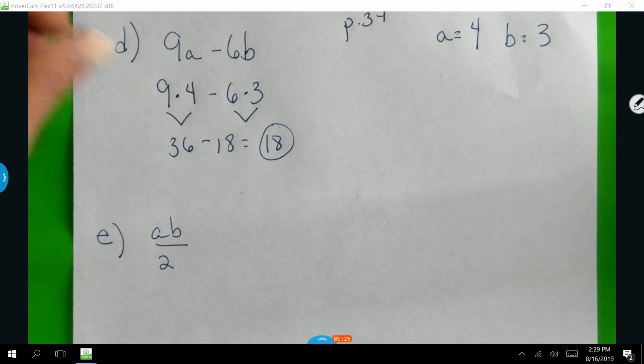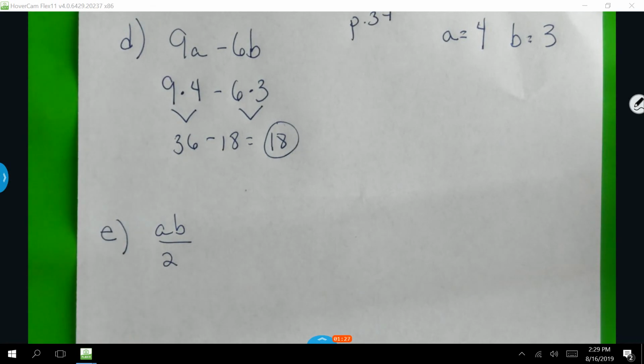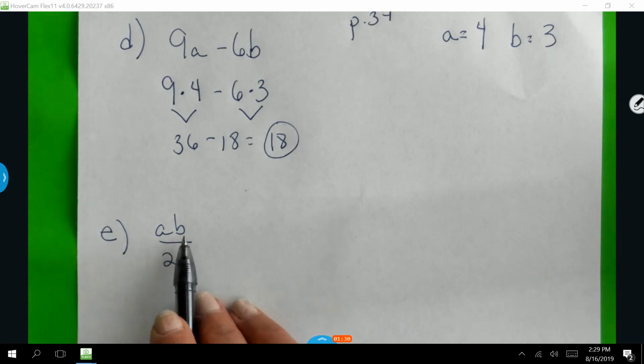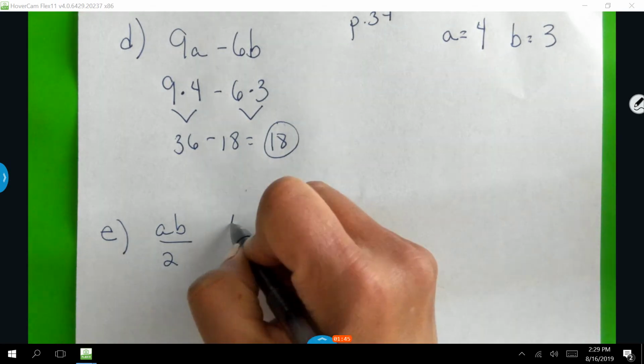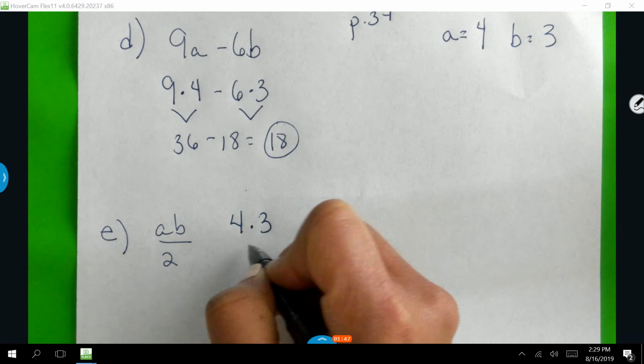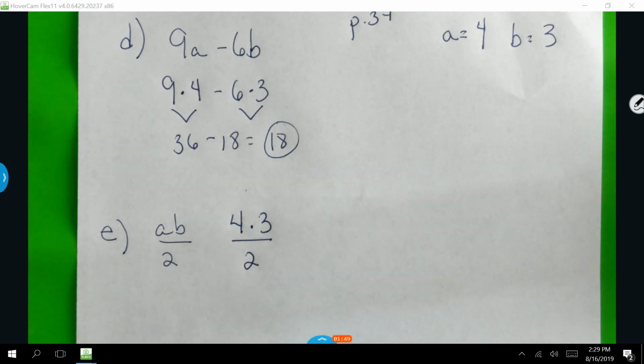Letter E. In your examples on page 34, AB divided by 2. One more time, this does not mean it becomes 43 divided by 2. That is not what this is. What operation is that? Yes, multiplication. So it is 4 times 3 divided by 2.